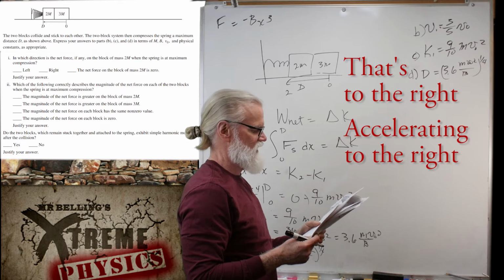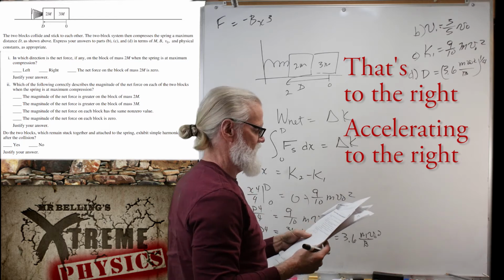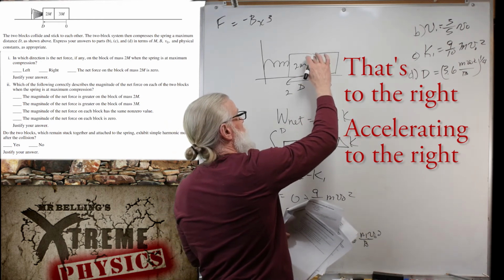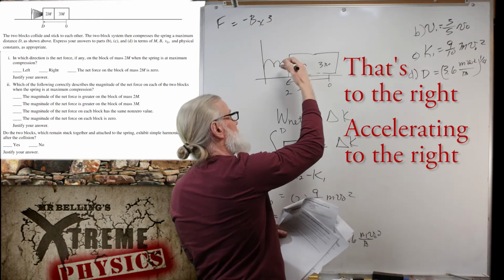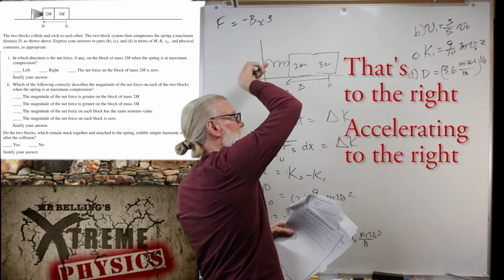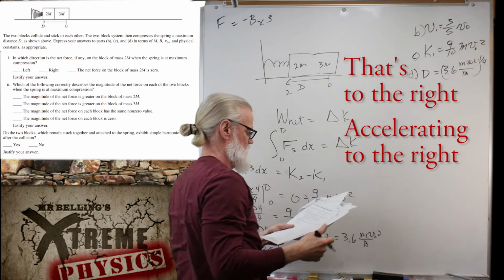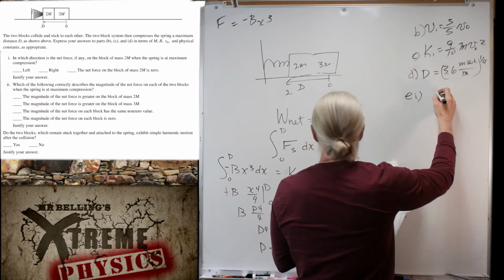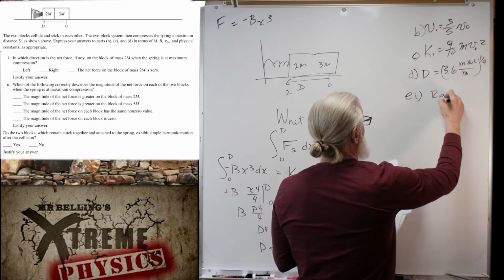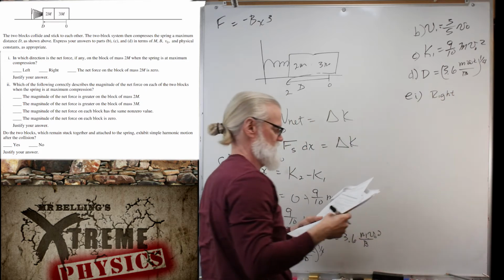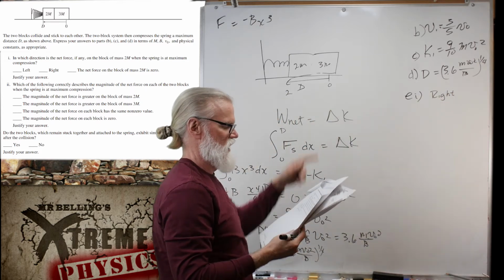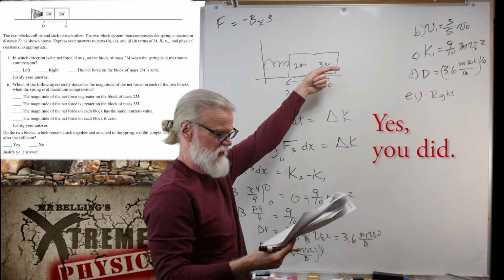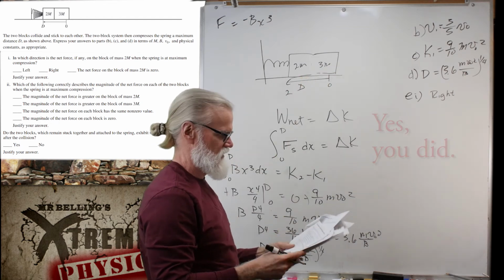So the answer is to the left. There is a net force to the left on 2m. Because if we look at this as one block, clearly if this is compressed, there is a net force this way, right? So, yay! Is to the right, I guess. There's a net force to the right. Did I say left? I don't know what I said. It's to the right. It's that way. That way's right. So it's to the right.